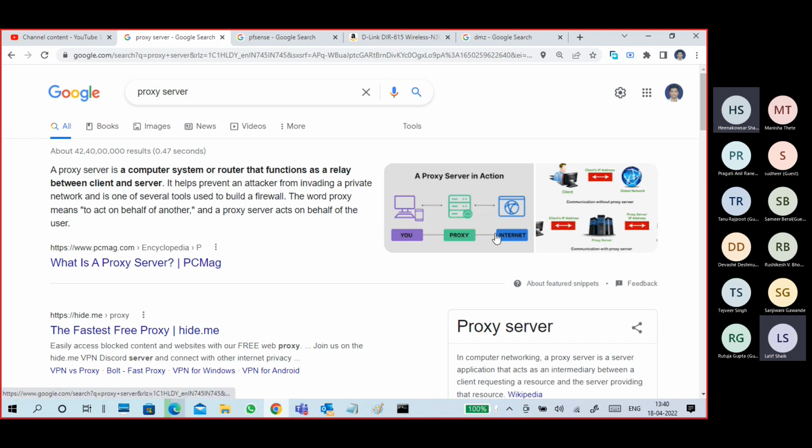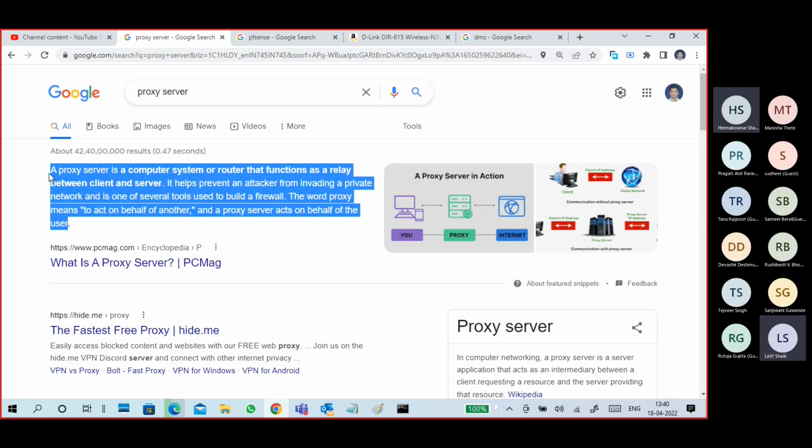Okay, so like this, proxy, internet. A proxy server system or router functions as a relay between the client and server. It helps prevent attackers from invading the private network. It is one of the several tools used to build a firewall. The word proxy means to act on behalf of others.